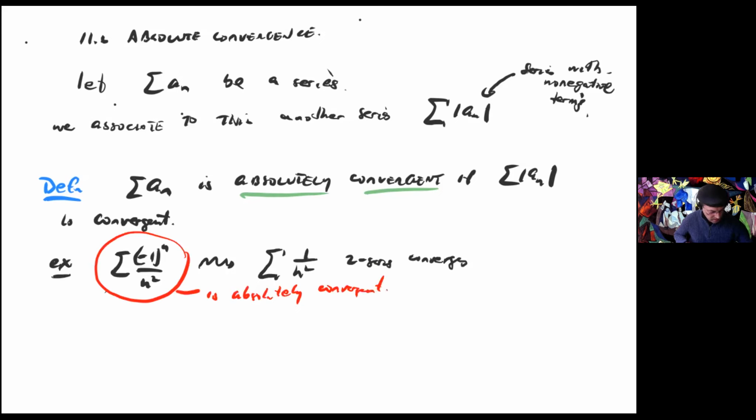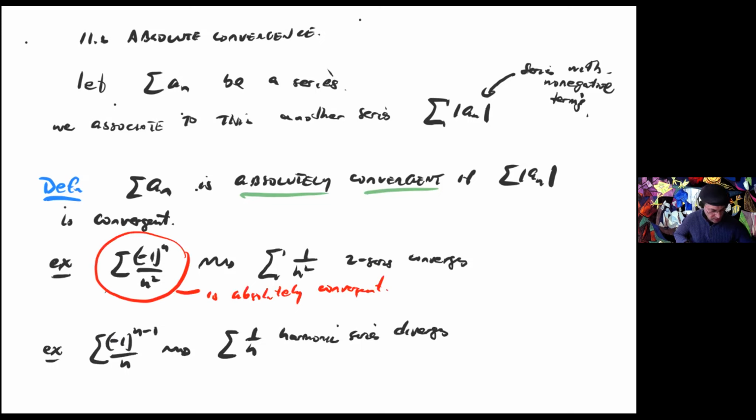On the other hand, we can consider the example summation (-1)^n over n, or maybe (-1)^(n-1). It doesn't matter. Then the series of absolute values is 1 over n, and this is the harmonic series, and this diverges, which tells me that this series, the alternating harmonic series, is not absolutely convergent.